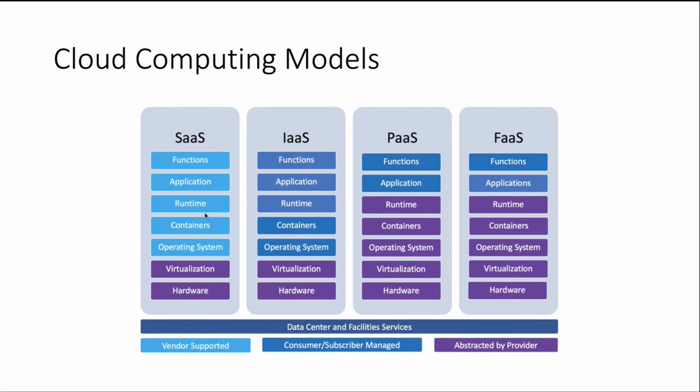Now there is an extension of this also. Some terms you might have heard about: machine learning as a service, IoT as a service, artificial intelligence as a service, database as a service, analytics as a service, right? All these are now provided by cloud. You have to just go and subscribe to the appropriate service and start using it. So this is what you can consider as today's cloud computing model.